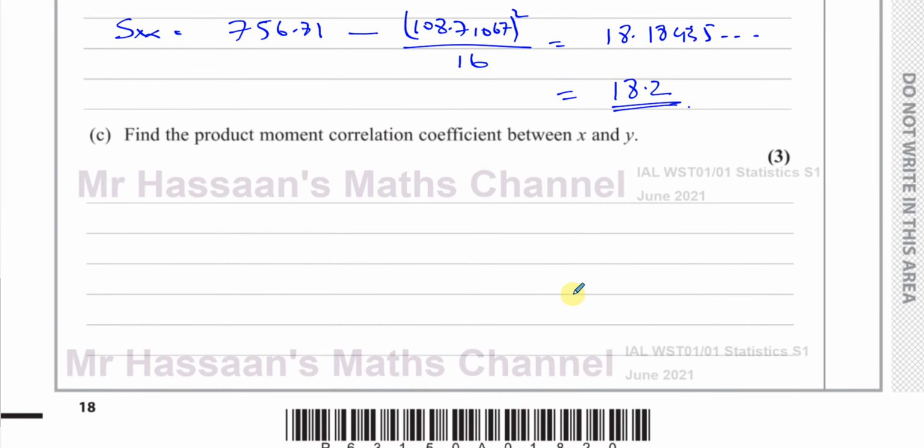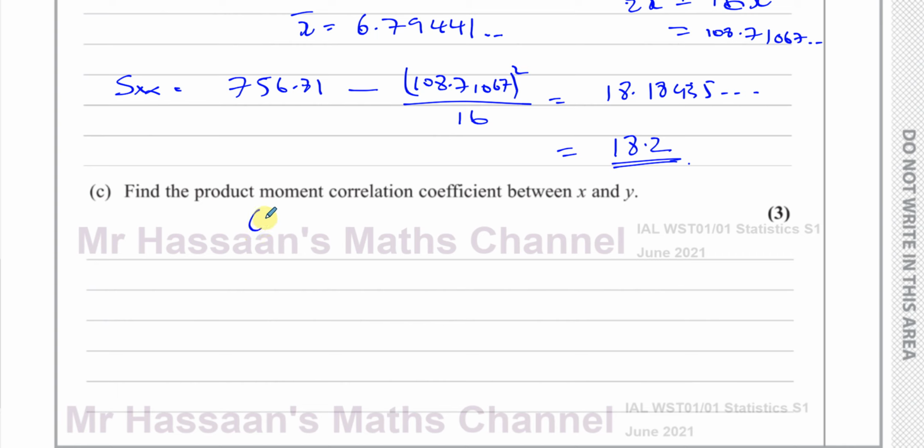Okay, now for part C, it says find the product moment correlation coefficient, which is known as PMCC, between x and y. And what that means is it's basically a measure of how close the points lie to a straight line.